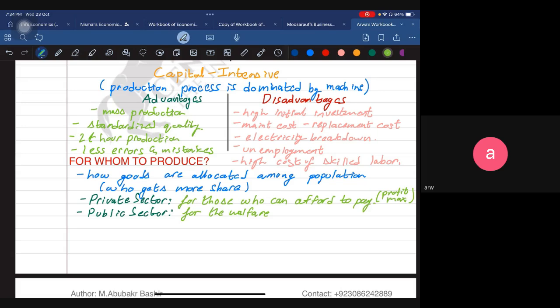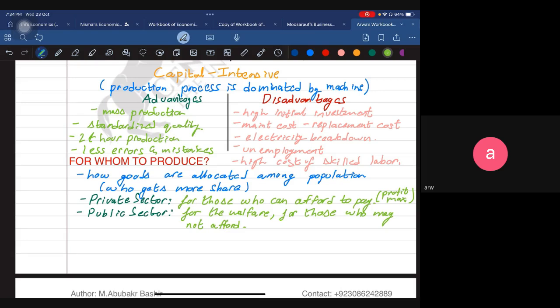For the welfare they are producing, so they produce for those who may not afford. Now, when we use this term, aren't they producing for the rich? Because they are producing for everyone.